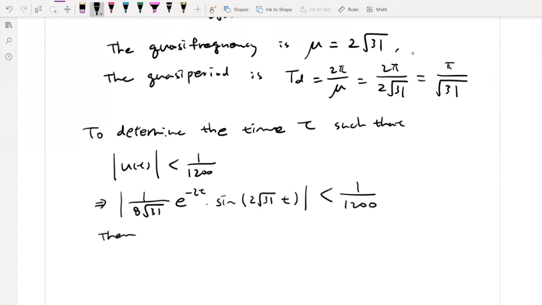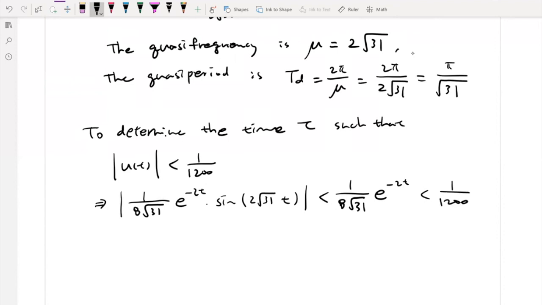The absolute value of this one is always less than 1 over 8 square root of 31 e to the minus 2t. Does it make sense? This is much easier to solve, because your sine is between -1 and 1.